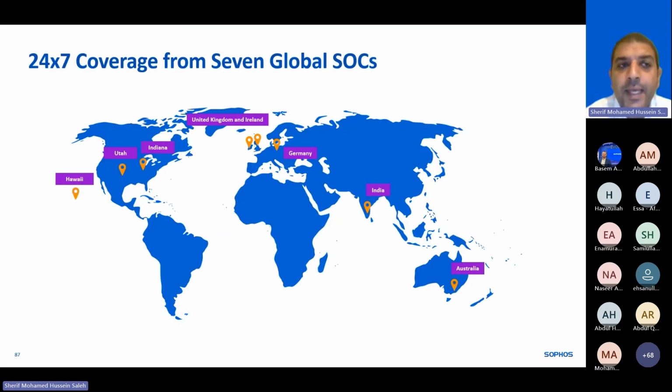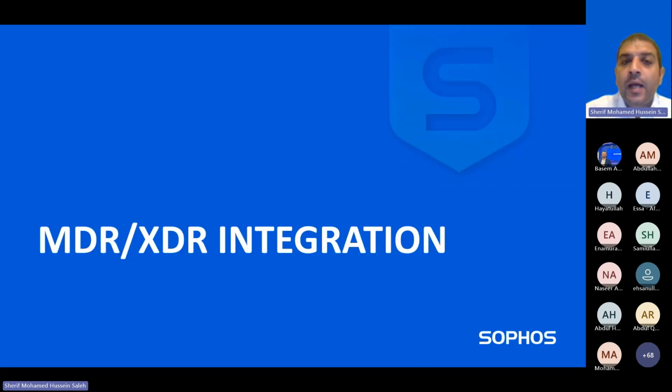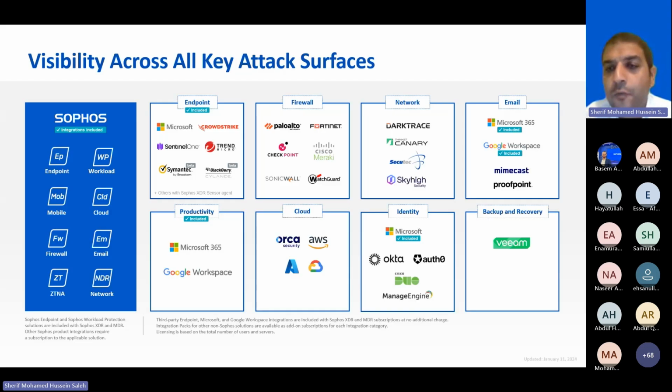So we have a 24/7 working SOC team, distributed across 7 global locations in order to cover 24/7. By providing this team, we do not require the customer to change all his hardware or all his security products.